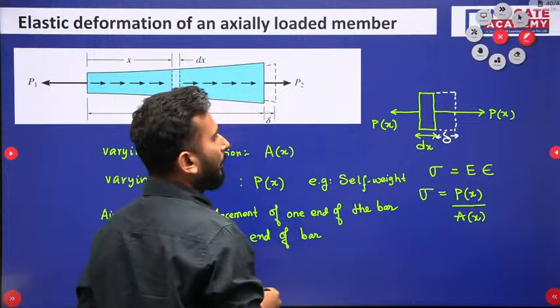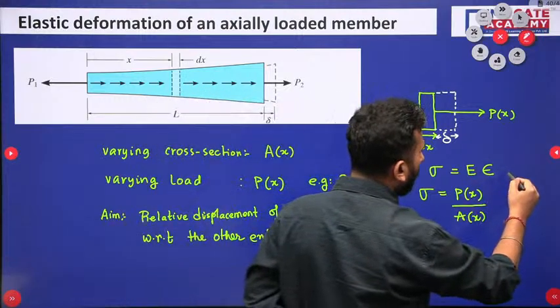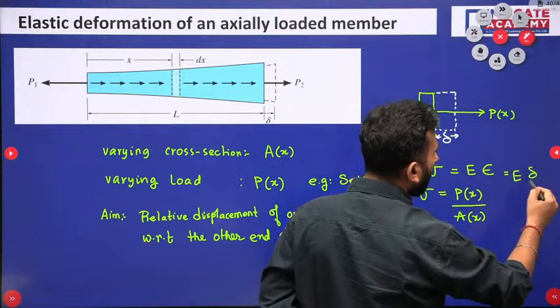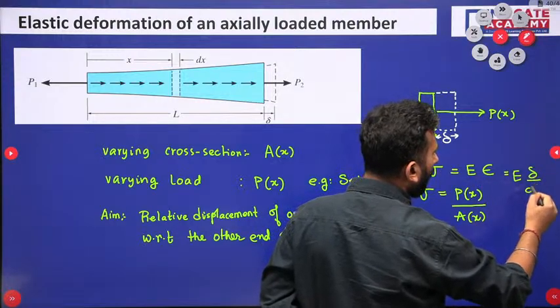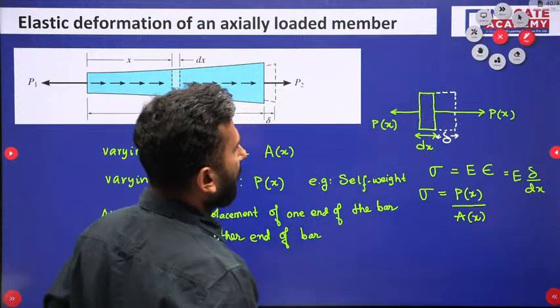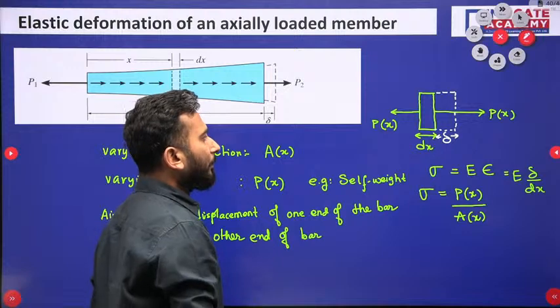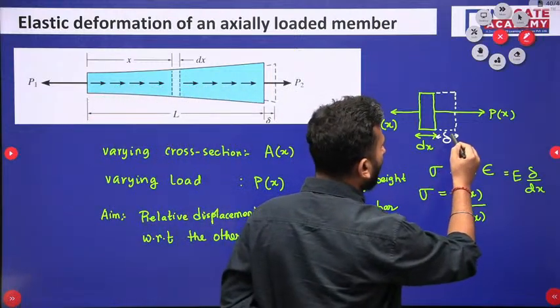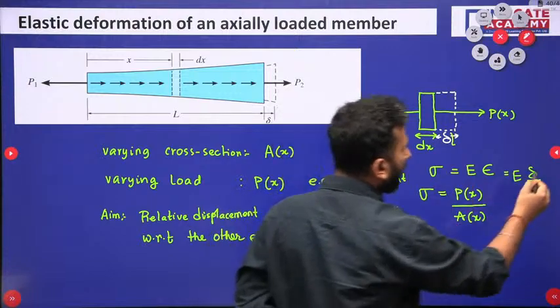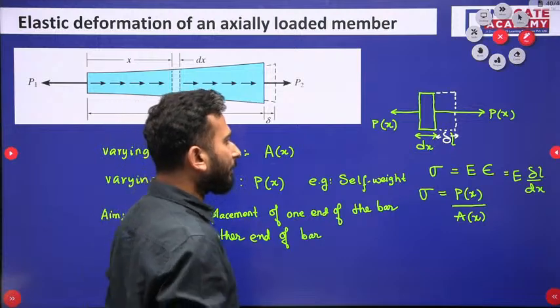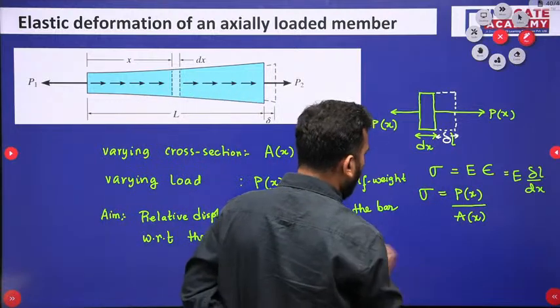Yes or no? And further, Young's modulus into what is strain? Strain is change in length by original length. Let's say this is del L. For simplicity, I am writing the small change as del L. So both the sigma you can equate.